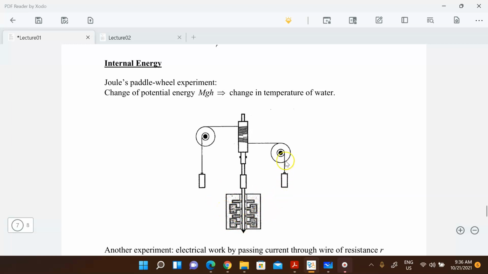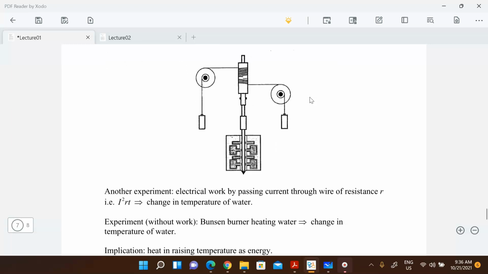So when the weights drop, this thing gets rotated, and the paddle wheels churn around the water, and you'll find that there is a change in temperature. There will be a temperature rise. So your potential energy mgh, in a way, is giving you the rise in temperature.